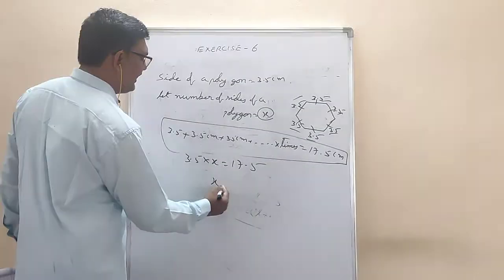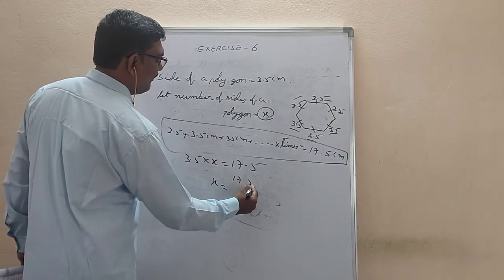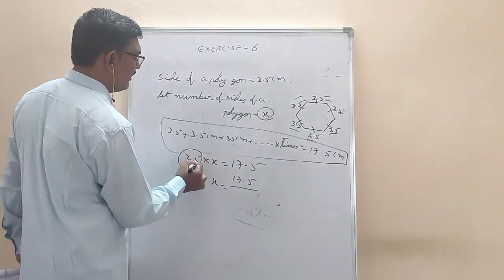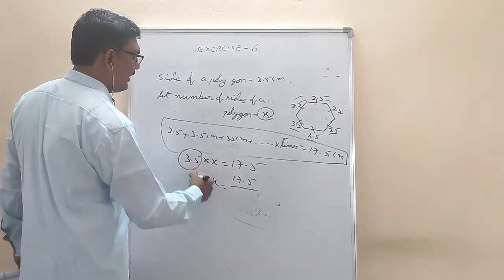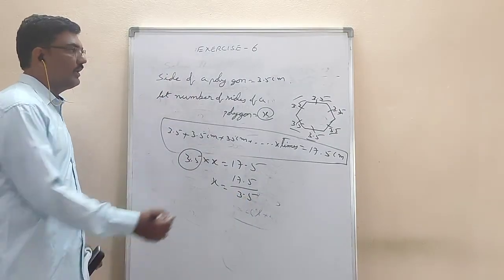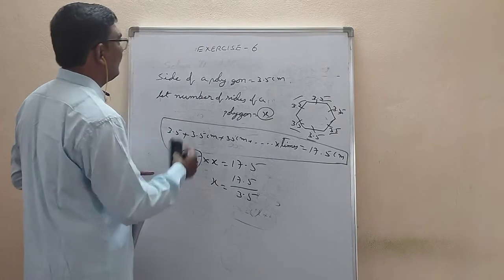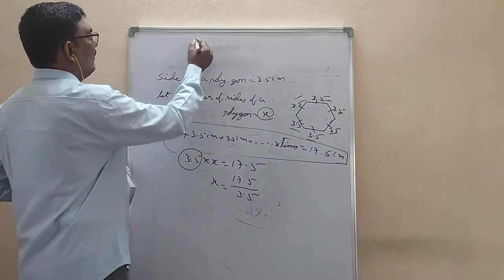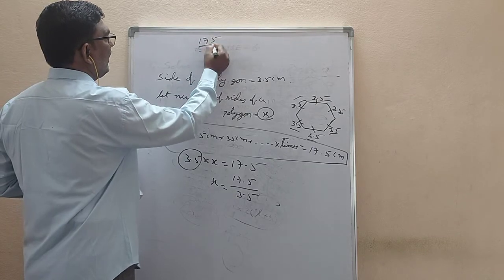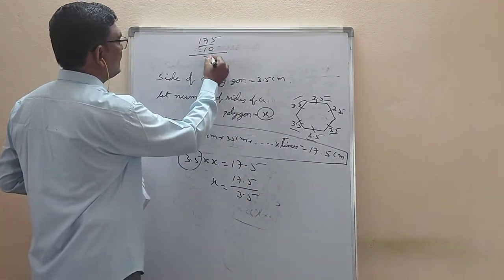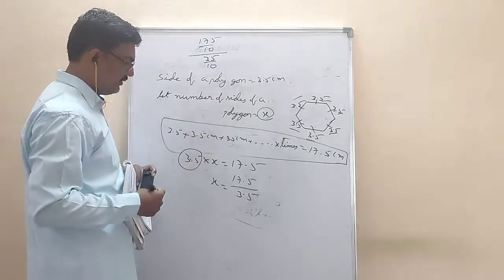So x equals 17.5 in the numerator. This 3.5 is a multiplying quantity; if you take it to this side, it will divide. Now simplification. 17.5 in fraction form you can write as 175 by 10, and 3.5 as 35 by 10.